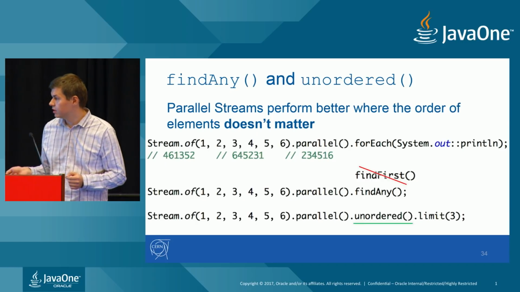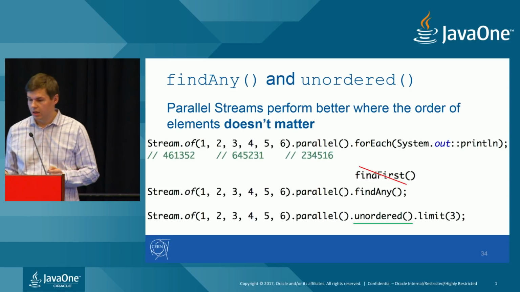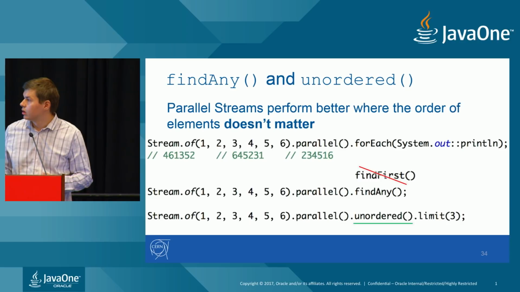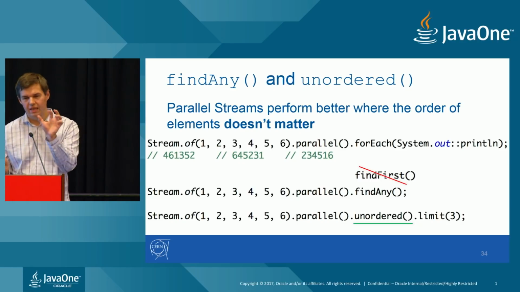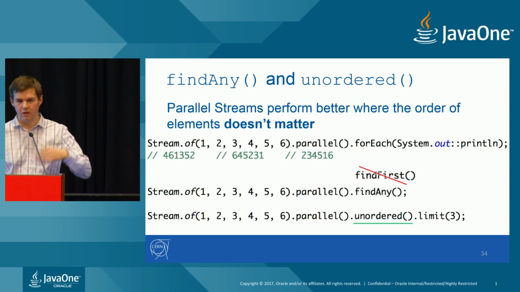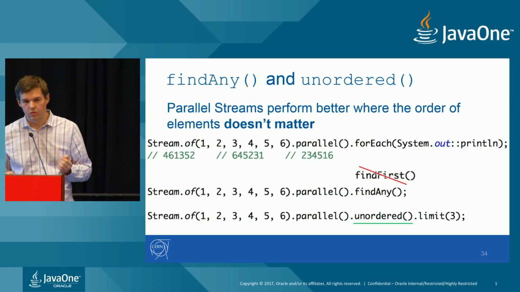The same applies to the limit method. If you invoke limit 3 on this stream, it will return 1 to 3 as a set, not exactly in this order, but always 1 to 3, 2, 3, 1, 3 to 1, and so on.